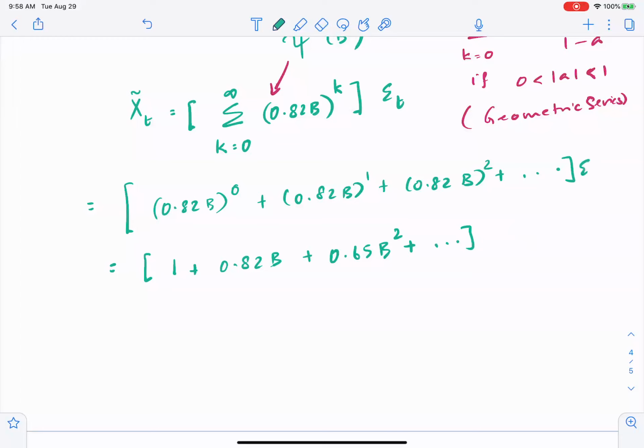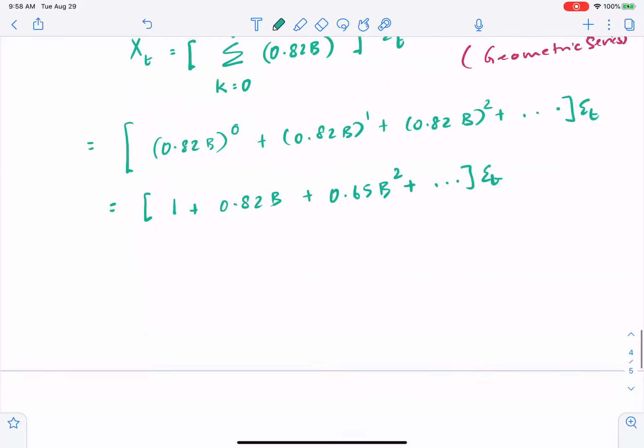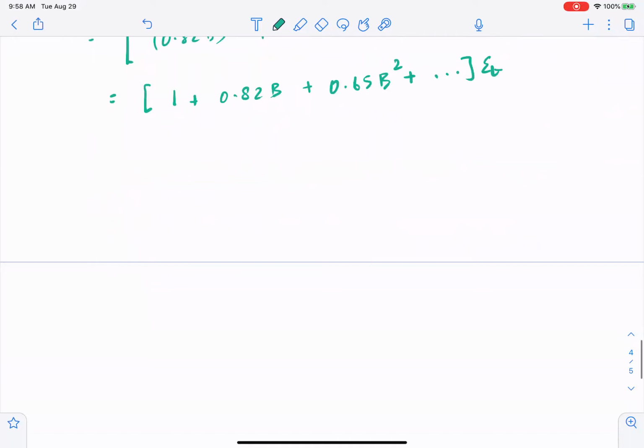The expression that I have inside the square brackets is also a polynomial. So what I'm going to do is distribute epsilon t into that polynomial, and write it as epsilon t plus 0.82B epsilon t plus 0.65B squared epsilon t plus dot, dot, dot.